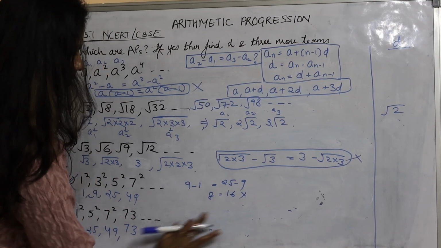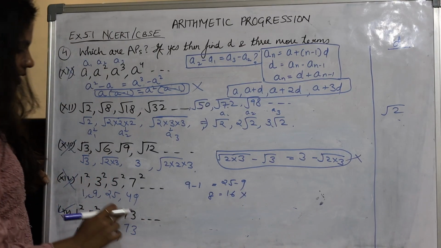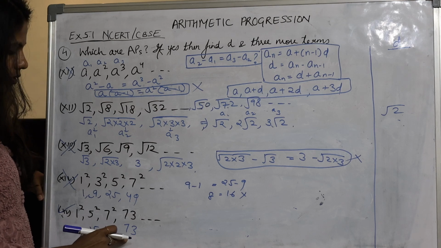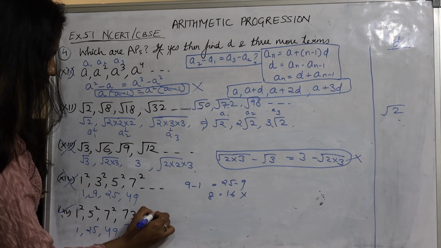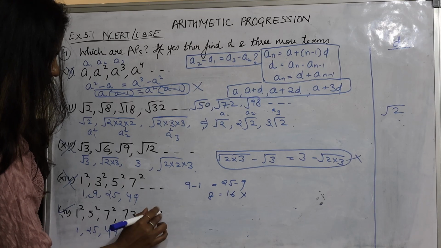So for the next 3 terms, 73 plus 24 will be 97.